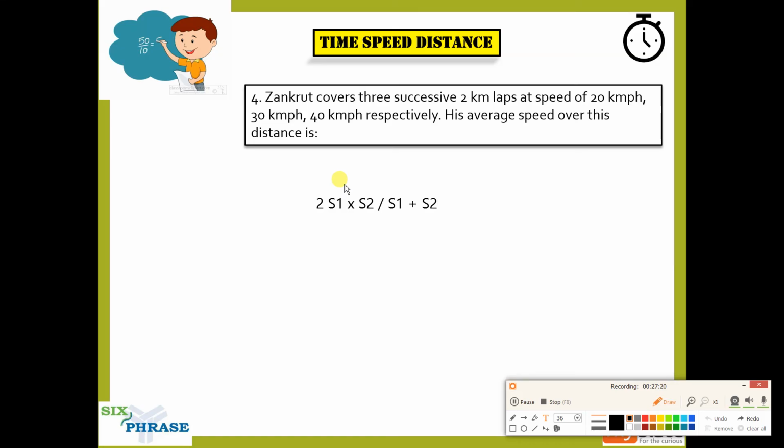Correct. This is for two speeds. This is the average speed when it comes to two speeds. What if we have three speeds?